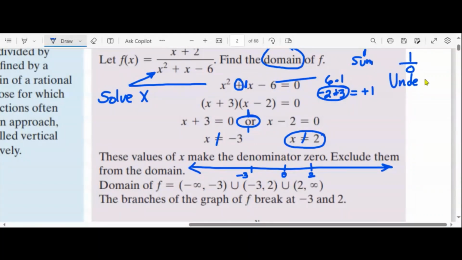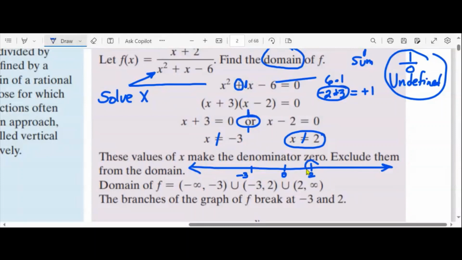So you are not allowed to have a number that makes the denominator 0. Now let's try negative 3. Negative 3 squared is positive 9, minus 3, minus 6 gives 0. So that will also give you undefined. That's why I put not equal to here.